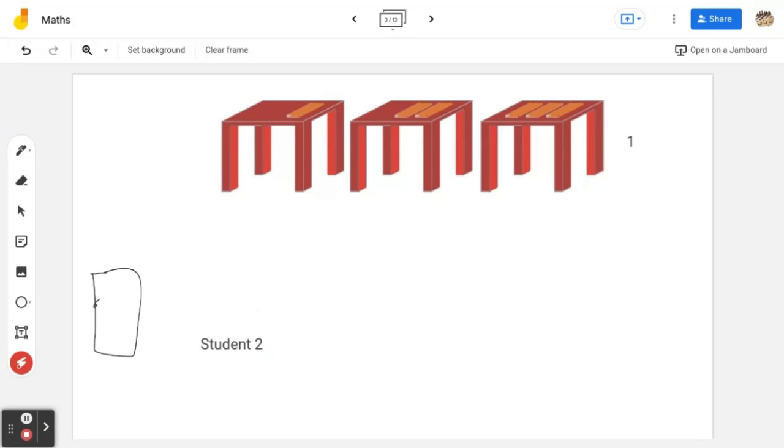So if student 2 goes to table 3, then he is going to have 1.5 bars of chocolate, okay? Which is, okay, that's cool. So student 2, if he goes here, gets 1.5. But if student 2 goes to table 1, he's going to get 1 bar of chocolate.